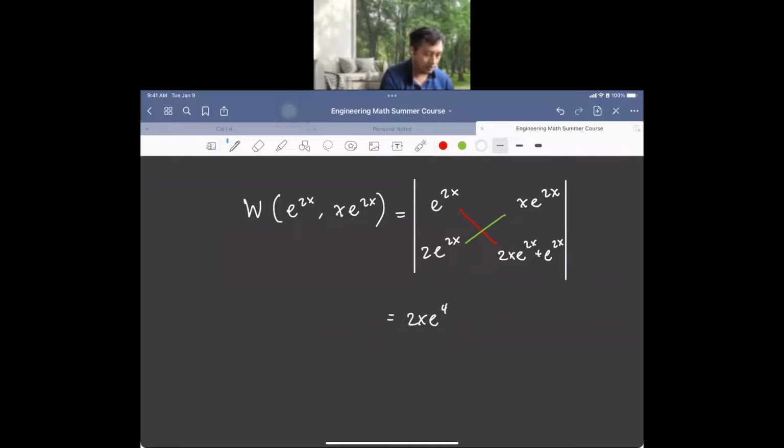So 2x e to the 4x plus e to the 4x minus 2x e to the 4x. So it will be e to the power of 4x.